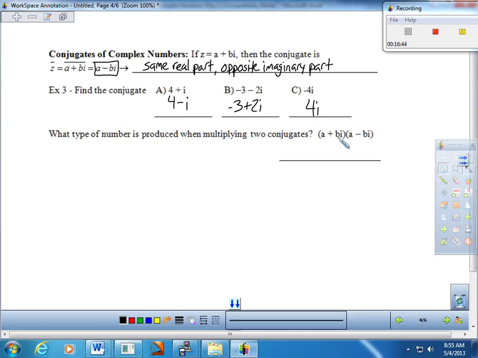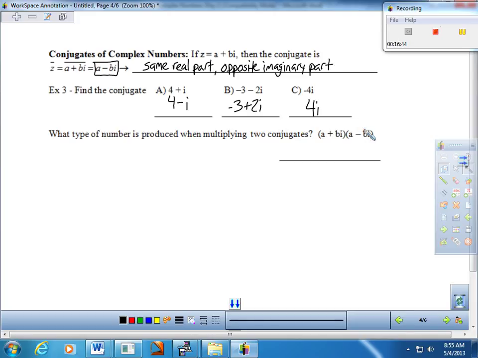There's the complex number, there's its conjugate. What occurs? Well, you would FOIL, and you'd get a real number here. And look at the outside and inside. The part that has created the imaginary part to our complex number, look at their relationship outside and inside. And what do you notice?